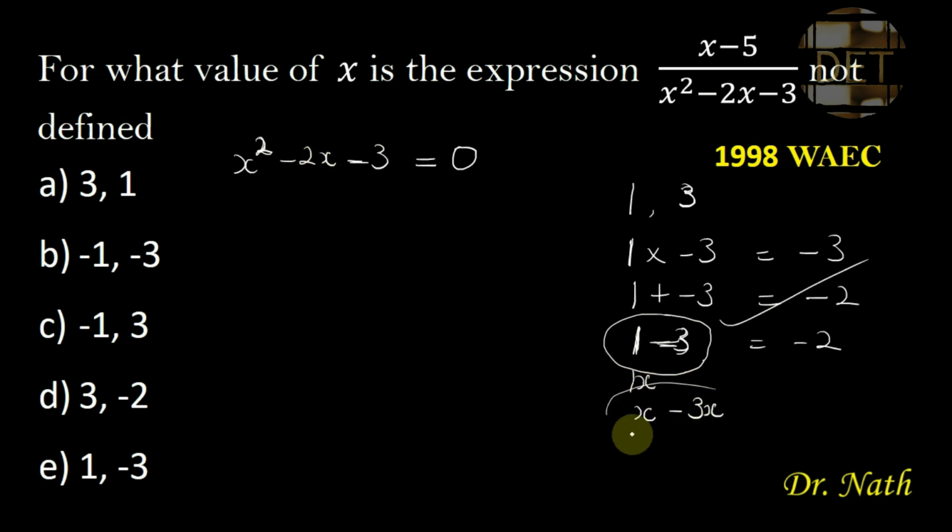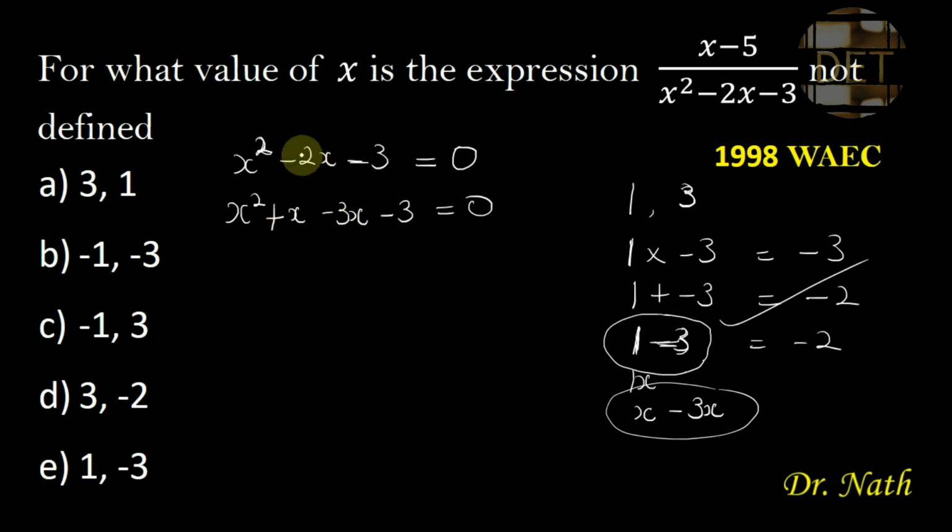So I will put them in this expression: x² + x - 3x - 3, which is this -3 that is here, equal to 0. If you look at these two expressions, they are the same.